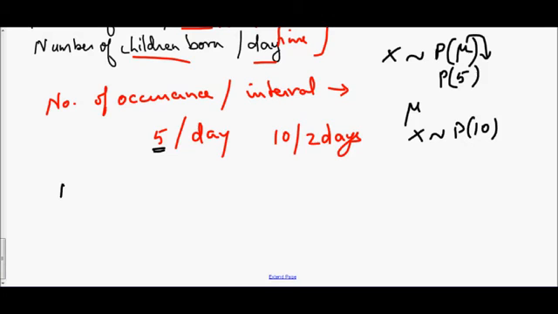So the parameter mu depends on what interval you are dealing with in the question. The formula for the probability when it follows the Poisson distribution is e to the power of minus mu, where mu is the parameter I just mentioned, times mu to the power of x over x factorial.